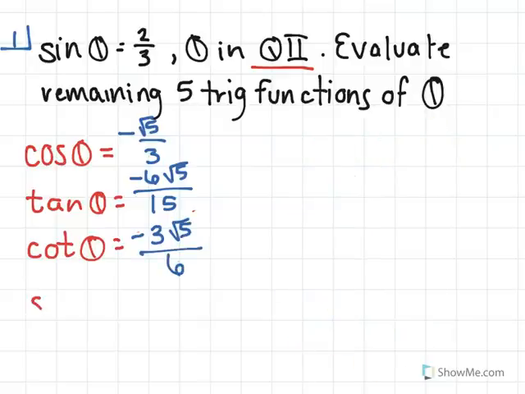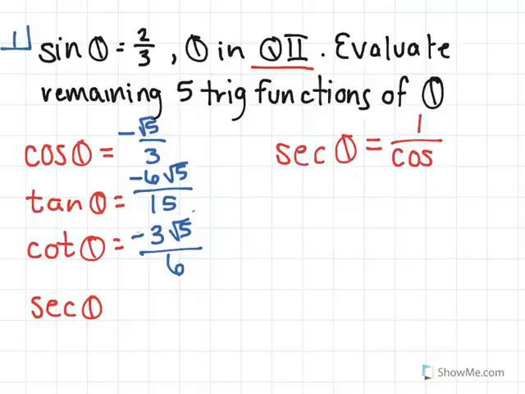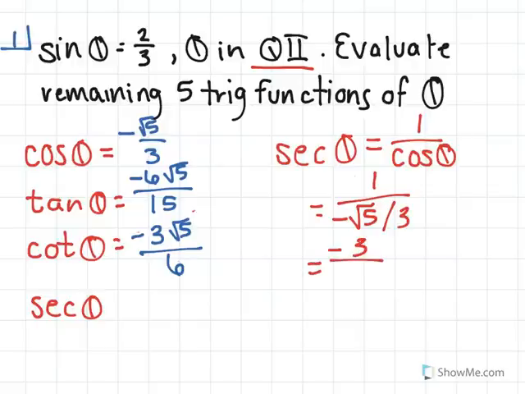Next, we're going to evaluate secant of theta. Remember that secant of theta is equal to 1 over cosine theta. So again, since we know our value for cosine theta, we can just plug it in and solve. So secant theta is 1 over negative root 5 over 3, which would be negative 3 over root 5.